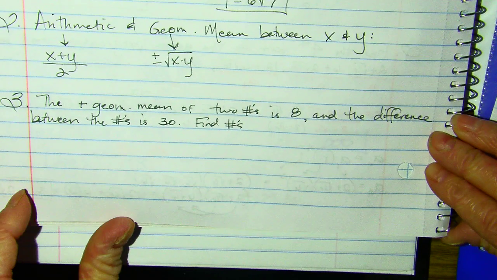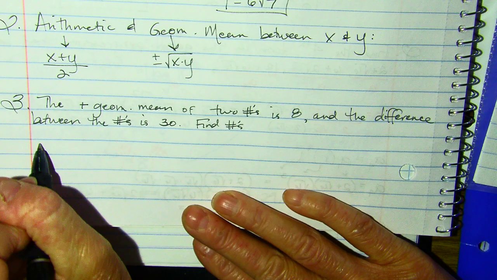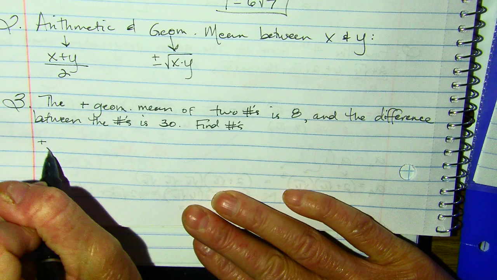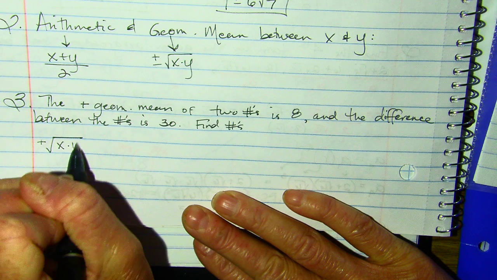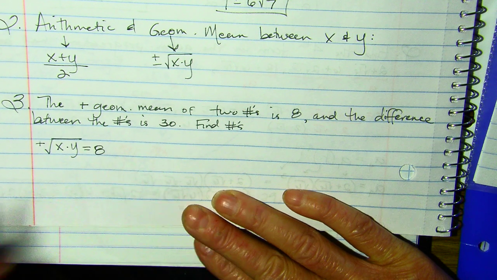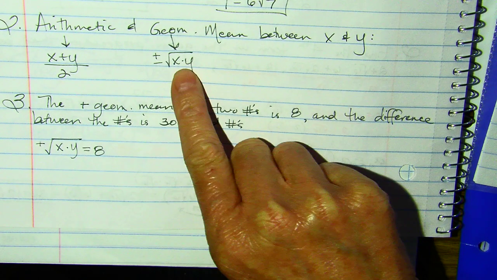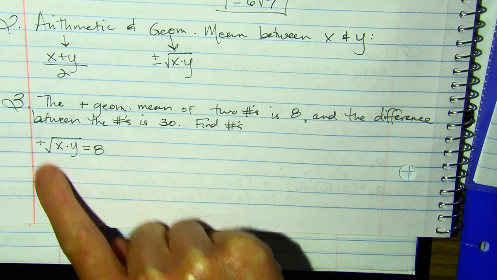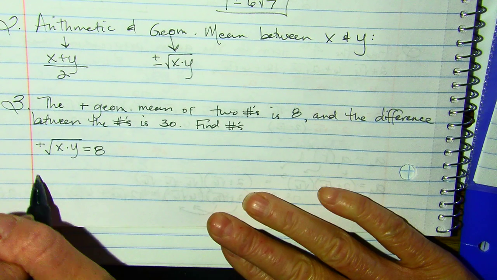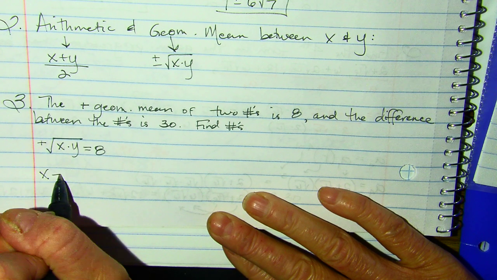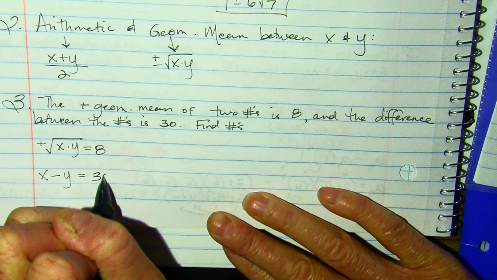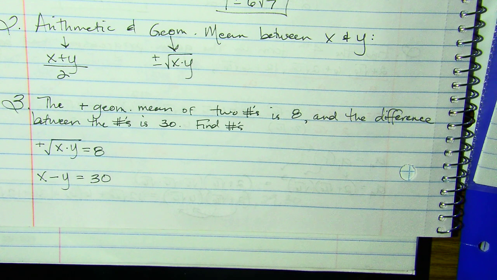All right, so let's talk about what we know. I know that the positive square root of x times y equals 8, right? The geometric mean is, and they just told me the positive is 8. And they told me that the difference between the two numbers is 30. So this is what I have so far.